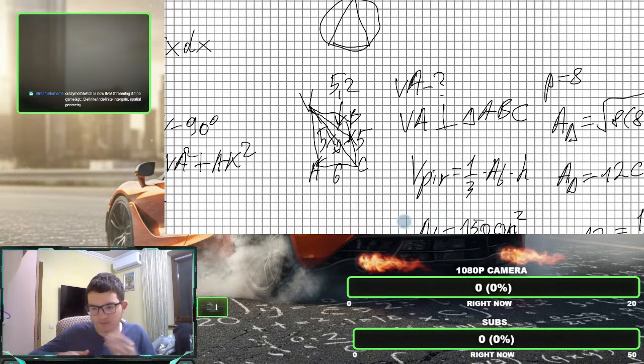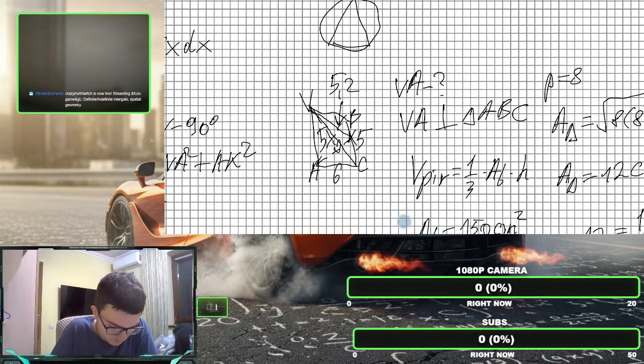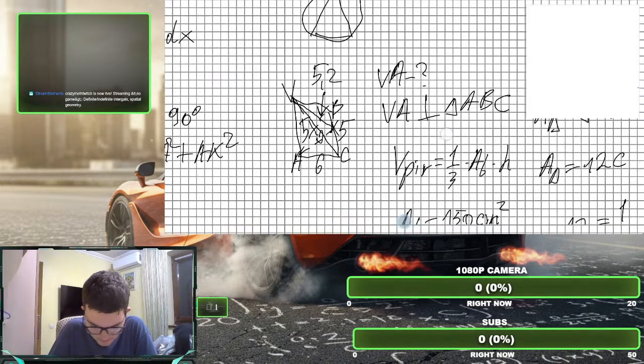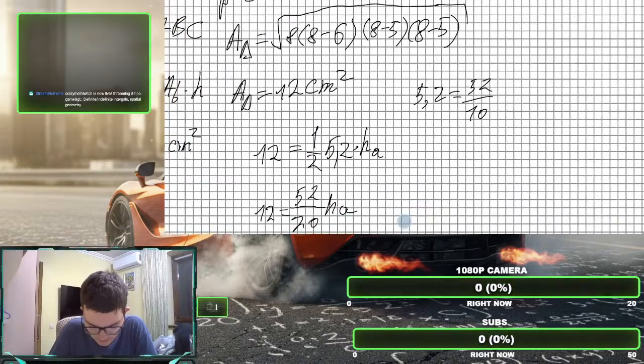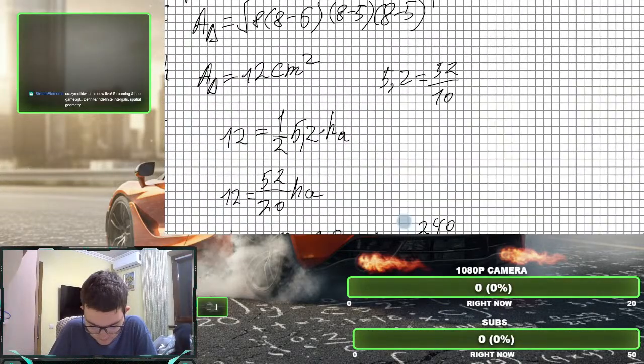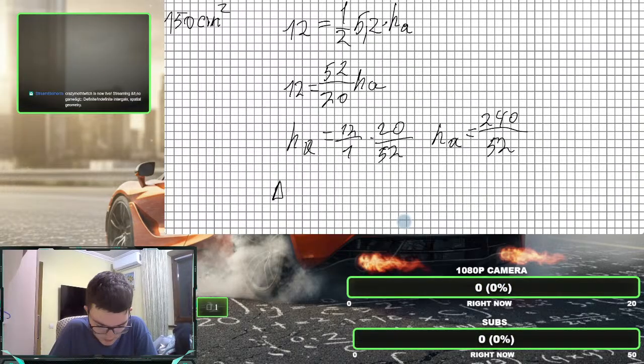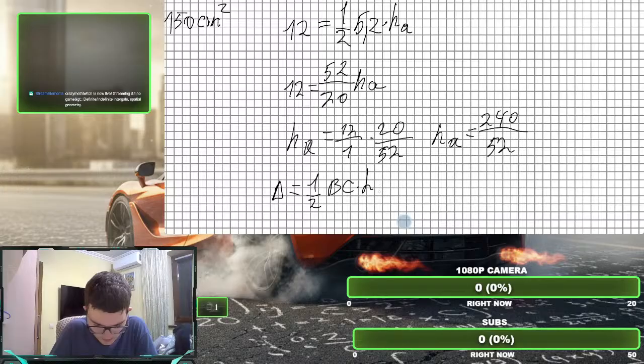So essentially I have gotten that formula right. Triangle is equal with 1 divided by 2 BC HA.